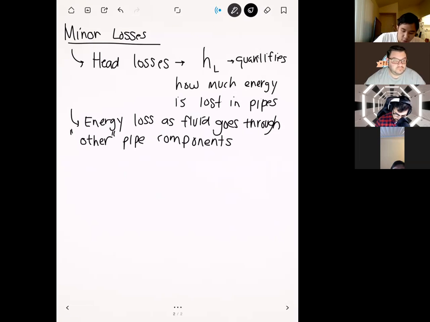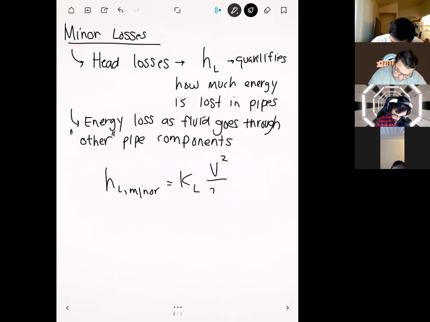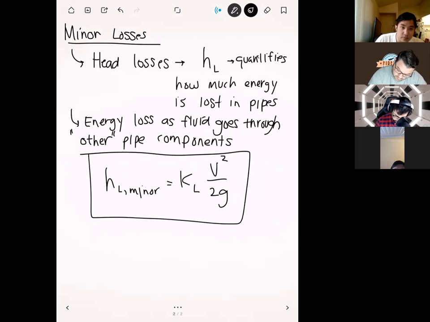And so the formula for minor losses is very simple. All you have to do is look up this value, which is going to be K sub L, and then multiply that by the velocity squared all over 2 times g.